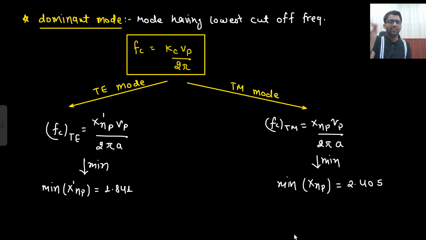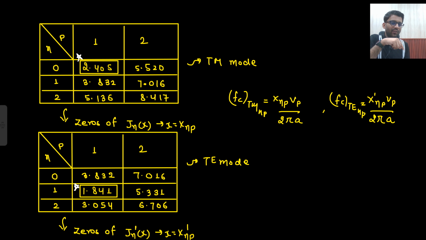So which mode will have the lowest cutoff frequency? Basically here your FC is coming out to be, and for which value of N and P are you getting 1.841?